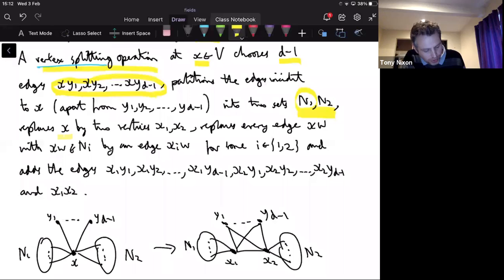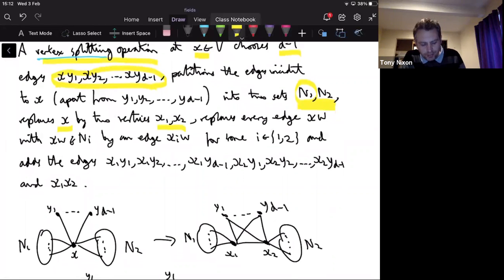So we replace X by two vertices, X1, X2. That's the split of X into two vertices. And we replace every edge XW, for some W in one of the two sets, N1 or N2, by an edge XiW, where Xi is X1 if XW was in N1, and it's X2 if XW was in N2.